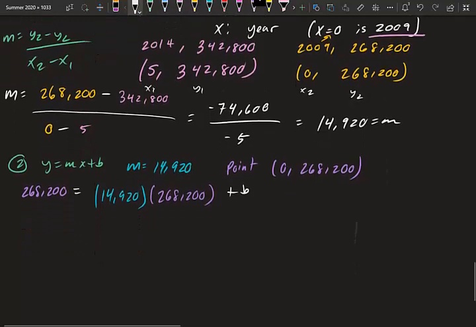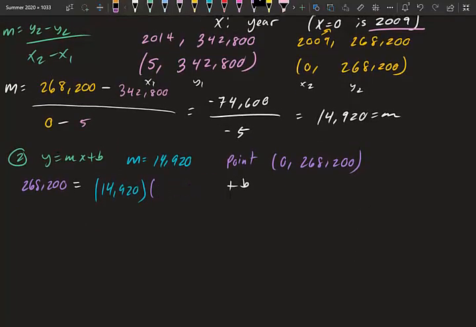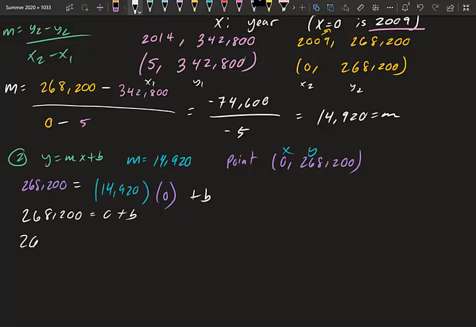Okay, so when we plug it in, I plugged in wrong, that's supposed to be 0. I'm sorry, guys. X and Y. It's okay to mess up. Just make sure you write everything. You'll catch your mistakes. Label everything. So we have 268,200 equals 0 plus b. So that is our b.